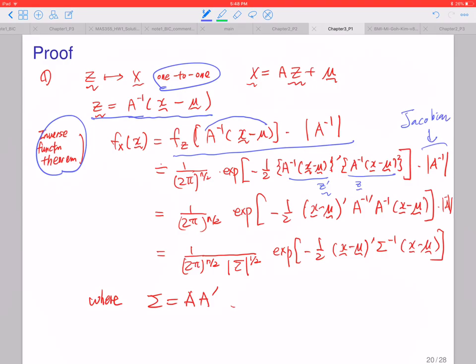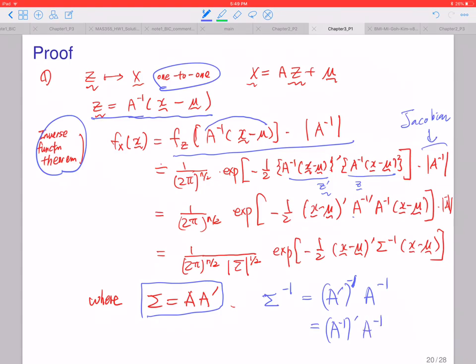And then we just do matrix algebra. We already defined sigma equal to A A prime. Then sigma inverse is A prime inverse times A inverse, right? So that is A inverse prime times A inverse.